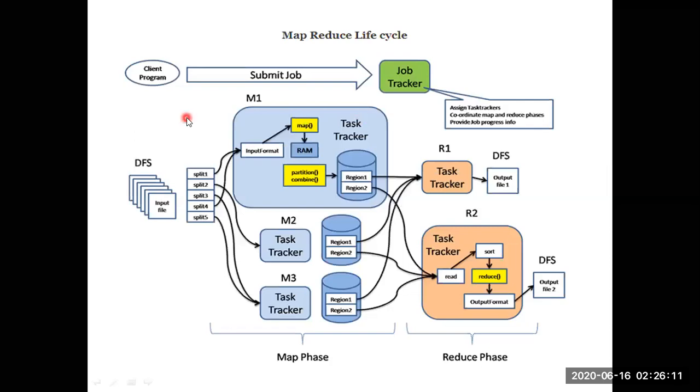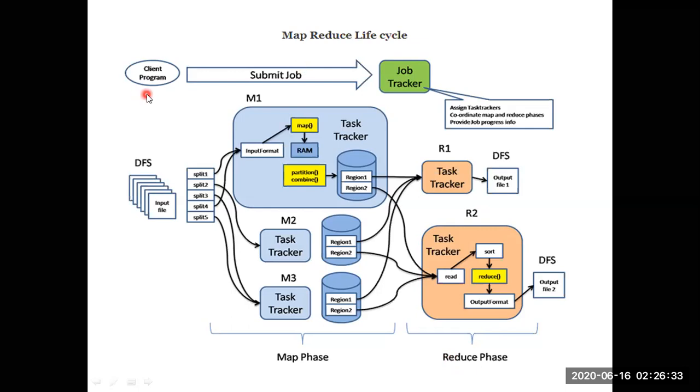Now let's have a discussion on the MapReduce life cycle. Here too you can see the phases. The major important phases are the map phase and the reduce phase. Let me start from this.